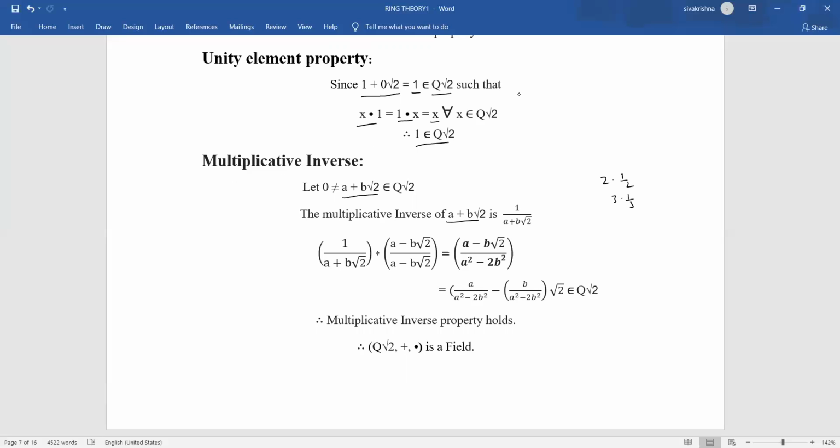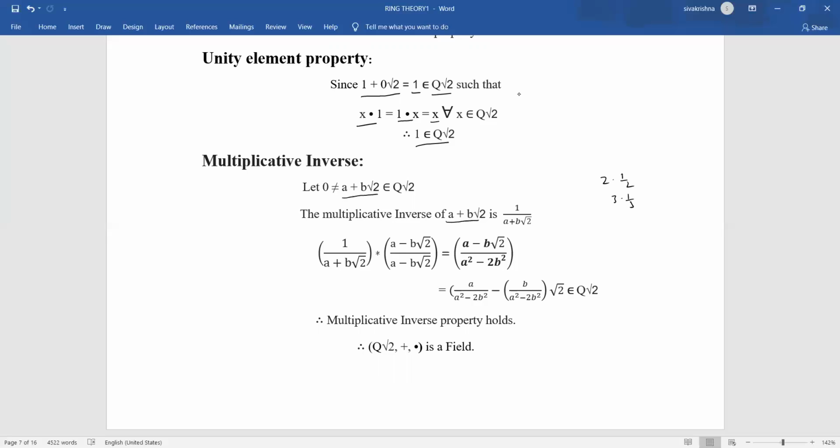Whenever we have root terms in the denominator, we have to rationalize. So I am rationalizing the multiplicative inverse. Here in the denominator, we have a plus b root 2, and the rationalizing factor for the denominator is a minus b root 2.